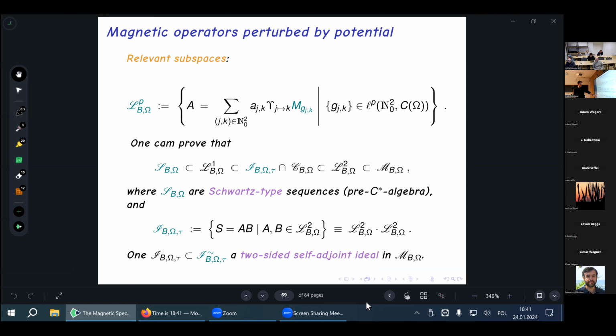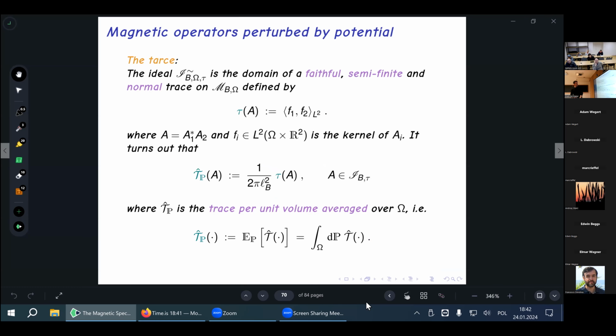Again, I can define a space which is given by multiplying two elements of the type Lp. This space is now a bit smaller than the domain of the trace. Now, again, tau here is for a trace. Indeed, in this space, E tilde, I can compute a trace which is of this form.